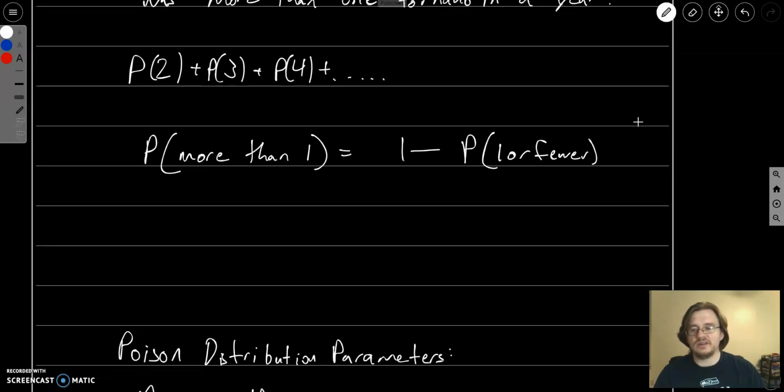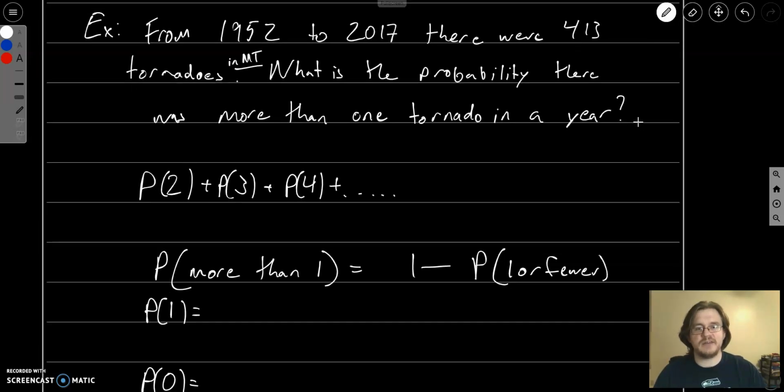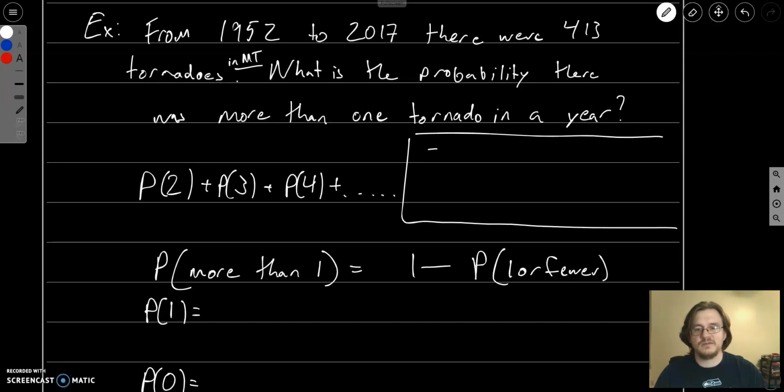So I'll need to find the probability that there is exactly one tornado, which means I'll need to find the probability that there's 1 tornado and the probability that there were 0 tornadoes. This is a 65-year span, so let me do a little bit of scratch work. From 2017 to 1952, that's 65 years.